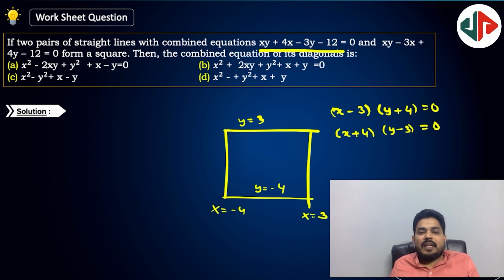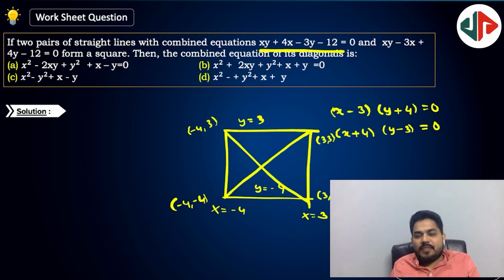Now, the combined equation of its diagonals. This point is (minus 4, minus 4). This is (minus 4, 3). This is (3, 3) and this is (3, minus 4). This is one diagonal and this is another diagonal. So what is the slope of this one?